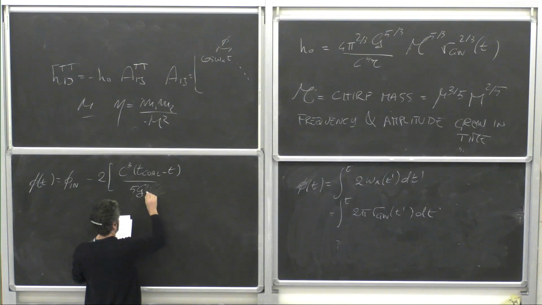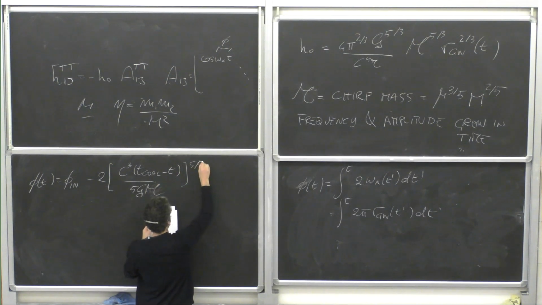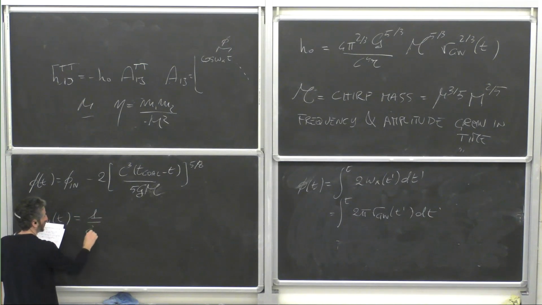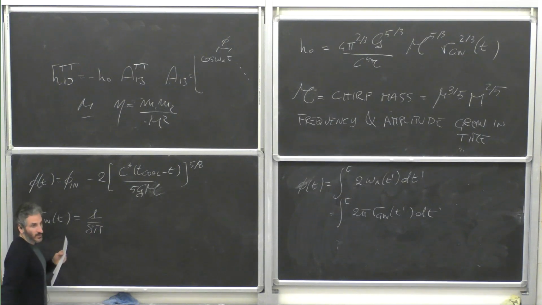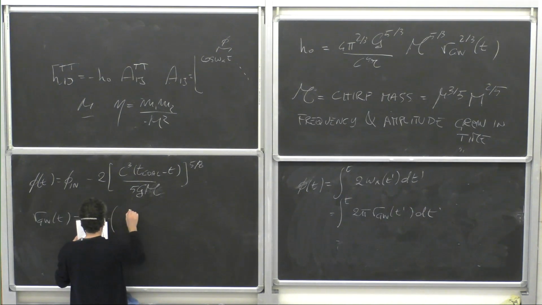Let me write it down. And also, as your colleague was suggesting, let me also write the final expression of the gravitational wave frequency, but in terms of the chirp mass.